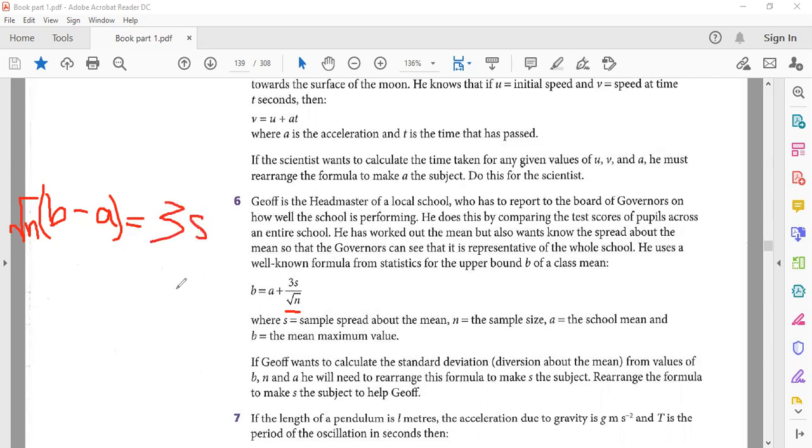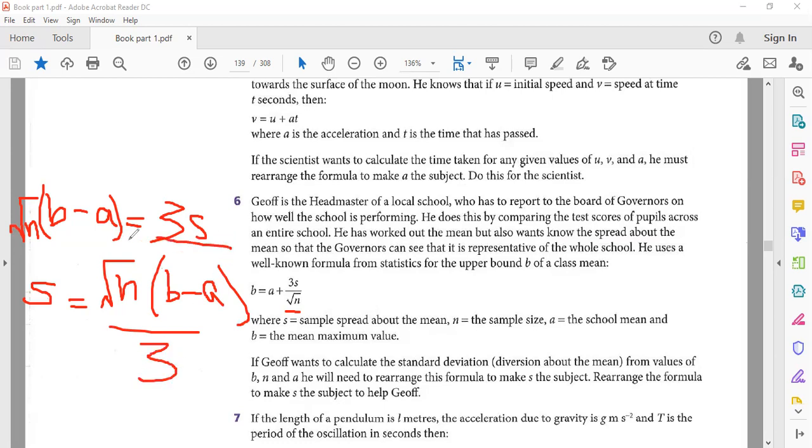If I need to find s, here 3 is multiplied with s, so when it goes to the other side, it's a divide. So my formula is s is equal to under root n(b minus a) divided by 3. That is my formula that we need to find.